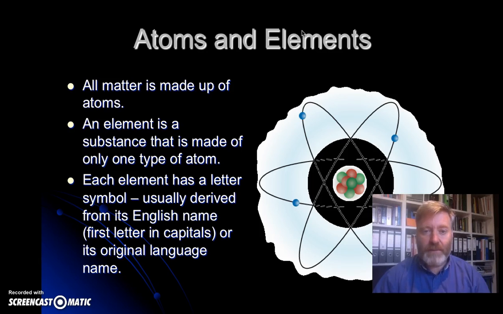But generally we name them by the first letter of the name in a capital, and then if that capital's already been taken, so carbon's got C, cobalt became Co, and copper became Cu, and the second letter's in lowercase. They'll become really handy to know later when we start talking about chemical reactions.